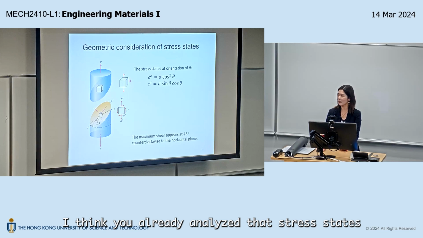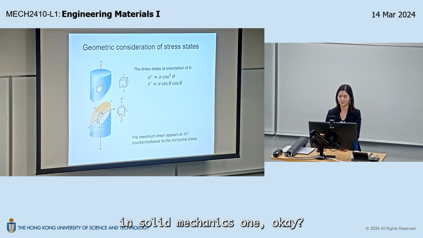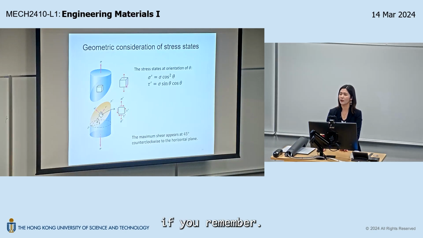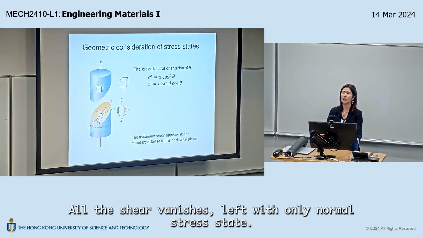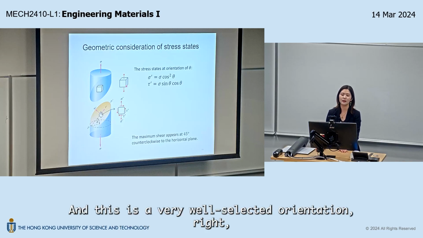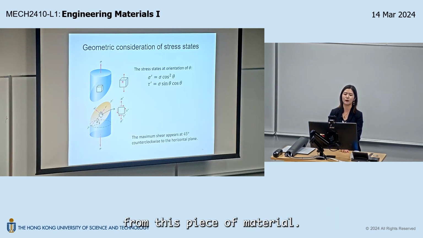I think you already analyzed that stress state in solid mechanics 1. We call it the principal stress state, if you remember. All the shear vanishes, leaving only the normal stress state. That is the principal stress state, and this is a very well-selected orientation for this piece of material.